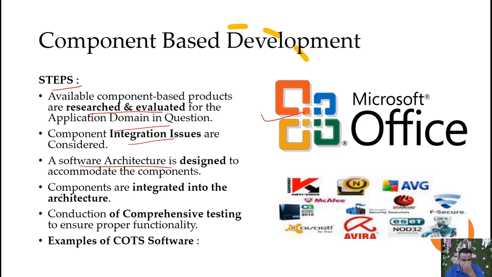Component integration into architecture is done, and comprehensive testing is conducted to ensure proper functionality. Some component based software is listed here, most definitely antivirus programs and most probably MS Office, which you might have seen.